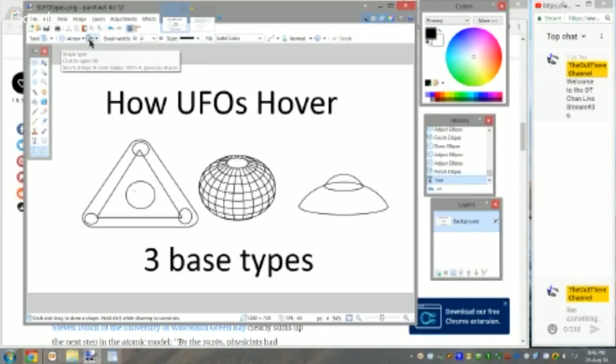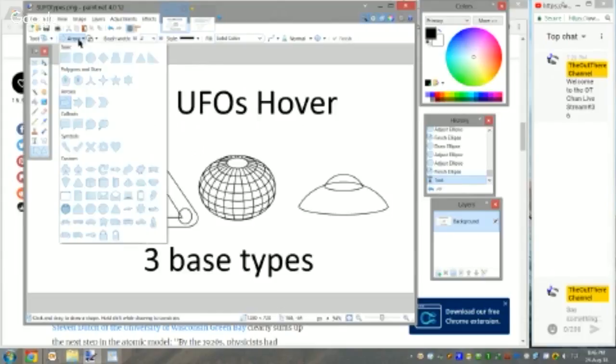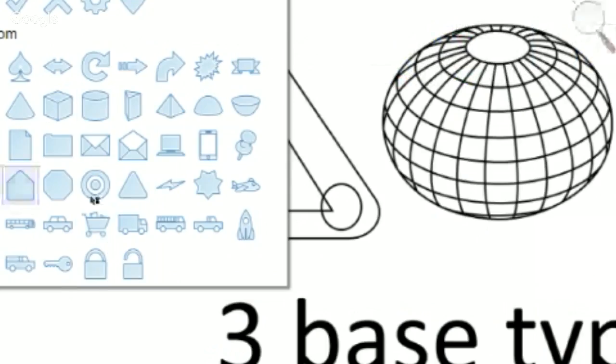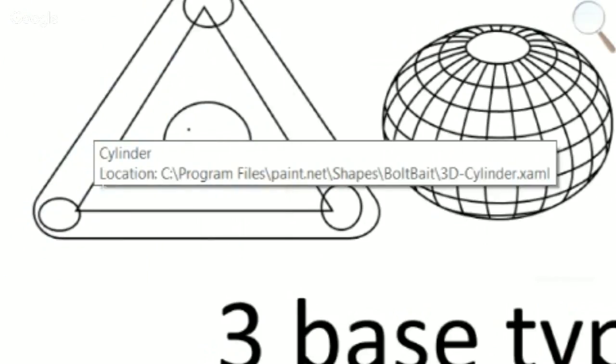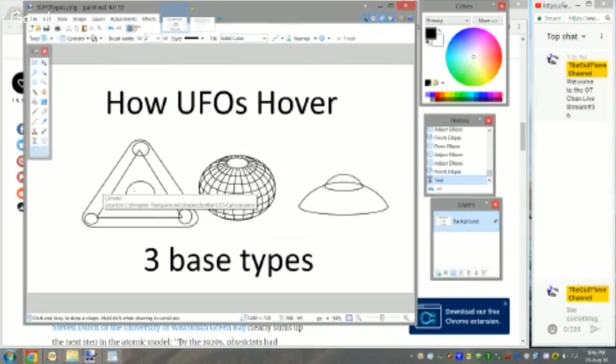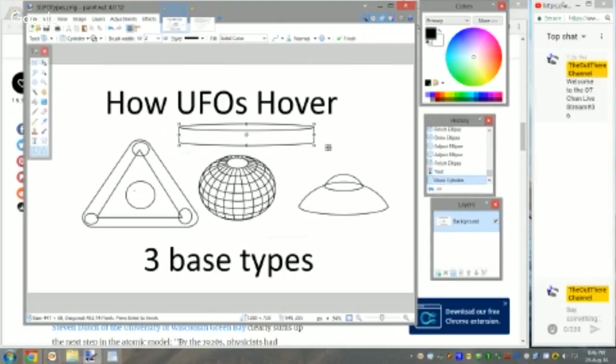Forgot about rods. How do we draw a rod? Have we got one for that? Got a cylinder, that might do it. So we've got a rod. It's the wrong direction. That's it. That's almost it.